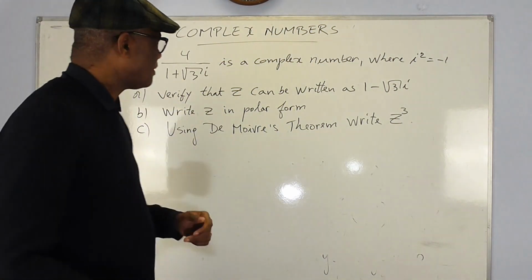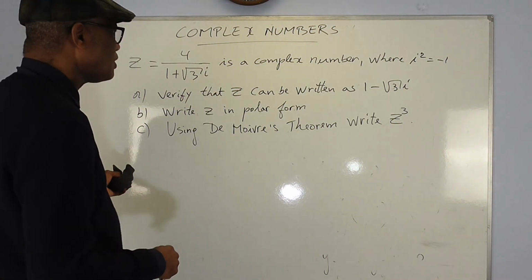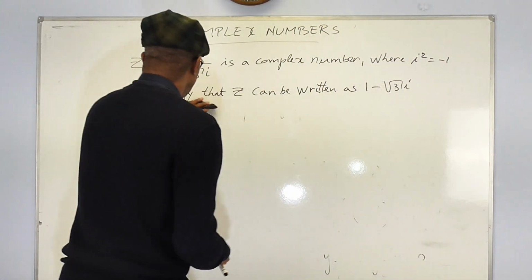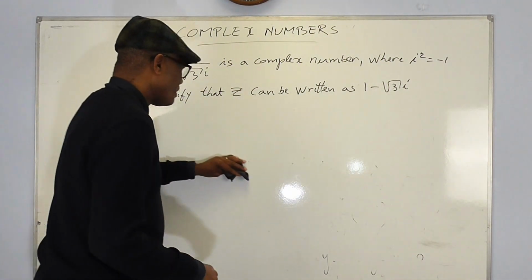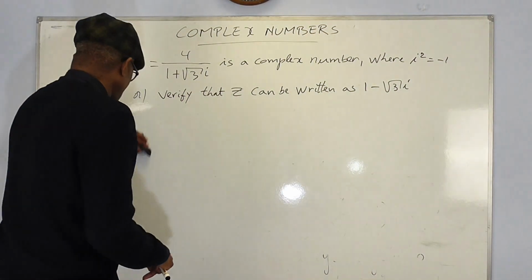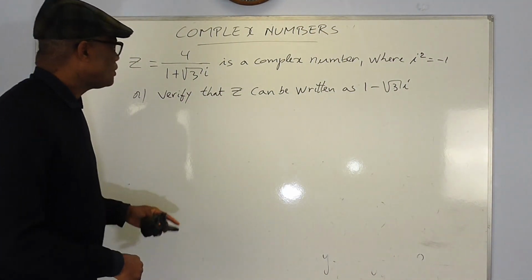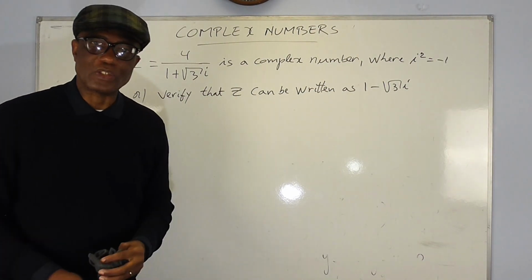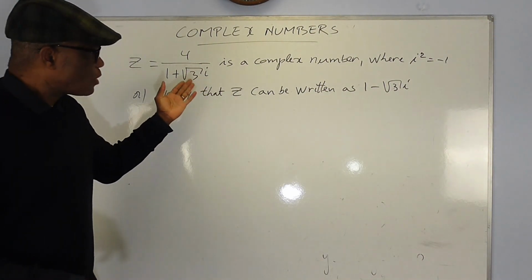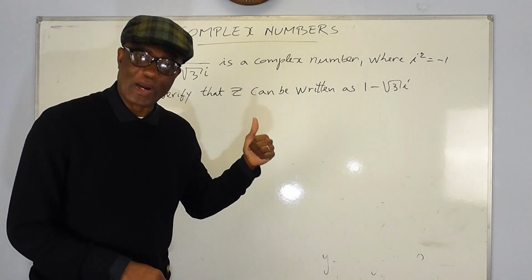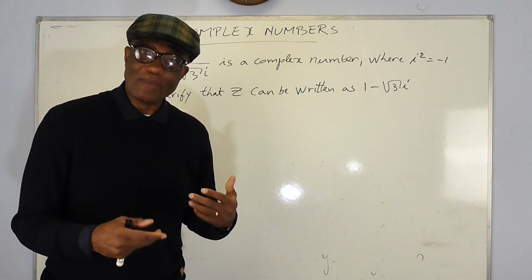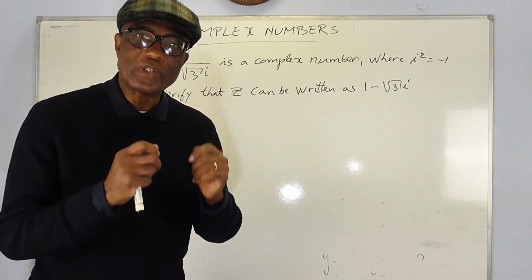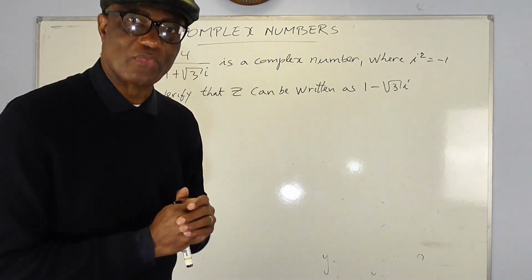We are going to start, as I need to have more space. I'm going to wipe out parts B and C. So we need to verify that Z can be written in this form. This part of the question, part A, can also be solved by students doing ordinary level in Leaving Certificate.